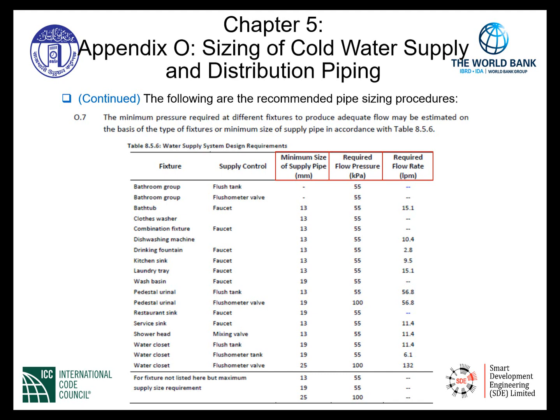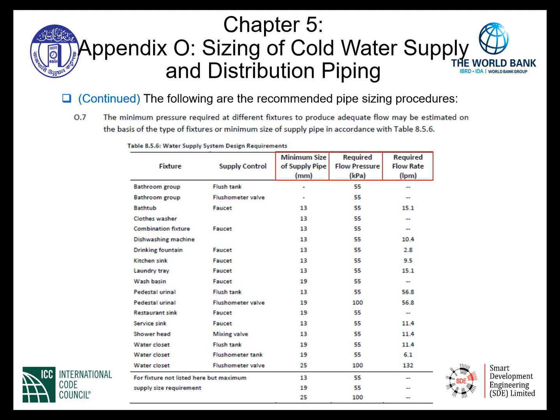It identifies the fixture that needs to be designed to be supplied by the water supply system. The second column gives us supply control, whether it is a flush tank, a flushometer valve, a faucet, or a mixing valve, the supply control.